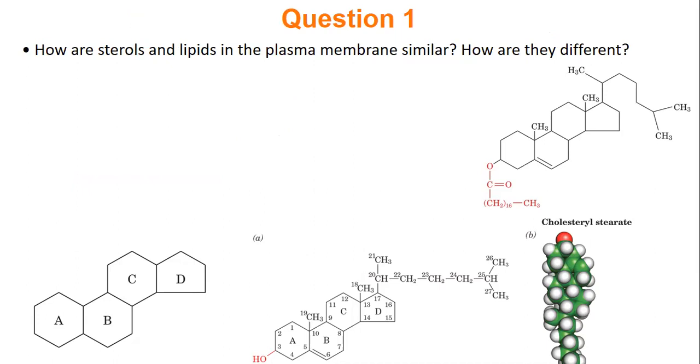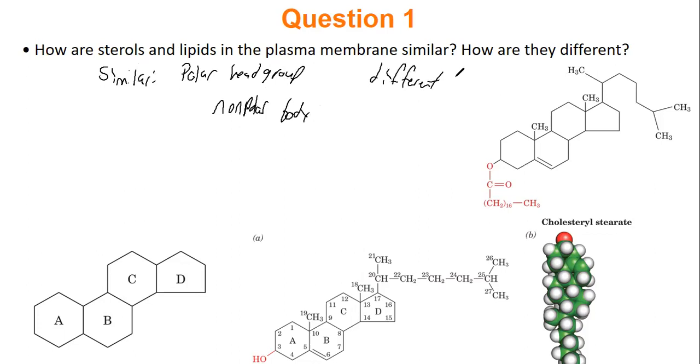Steroids and lipids are similar in that they have a polar head group. I mean, cholesterol has a baby polar head group, but it's technically still there. And a non-polar body. That's how they're similar. They're different by their body, right?